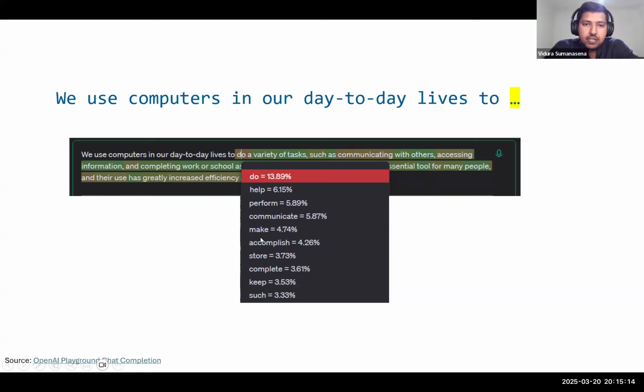Do, help, perform, communicate, make, accomplish. You can see these have different probabilities. And it will randomly pick one of these to randomize the answer. That is why whenever you ask the same question from ChatGPT at different times, it will generate different answers. There are parameters that you can tune, but that's a different topic, which is not the focus today.